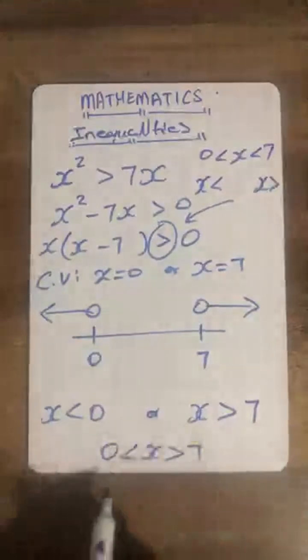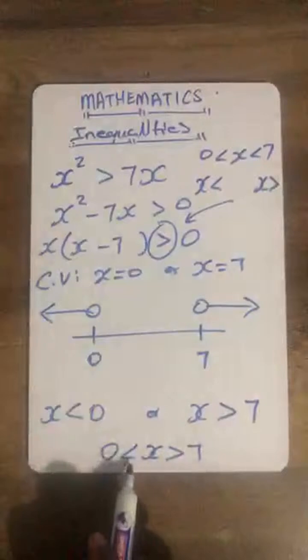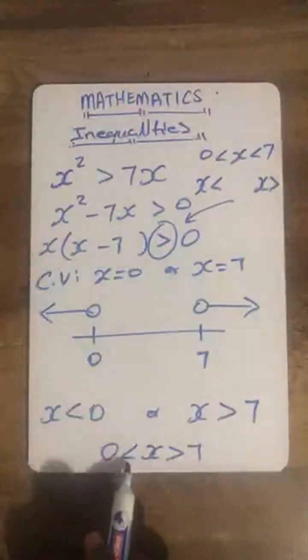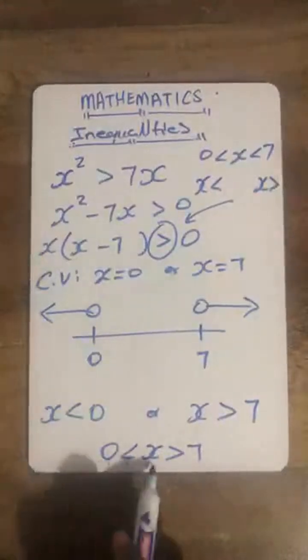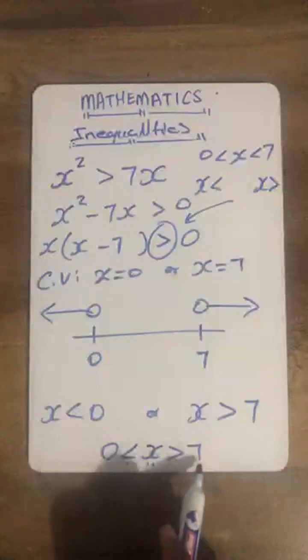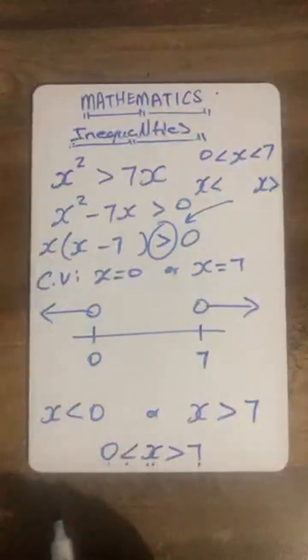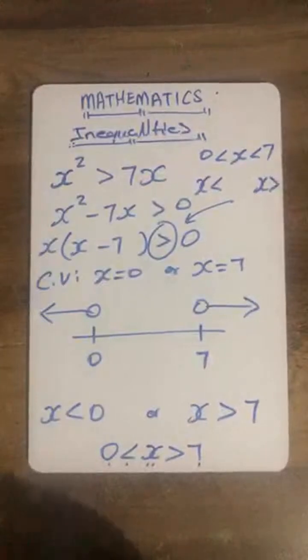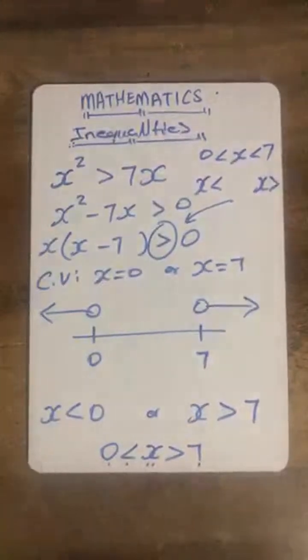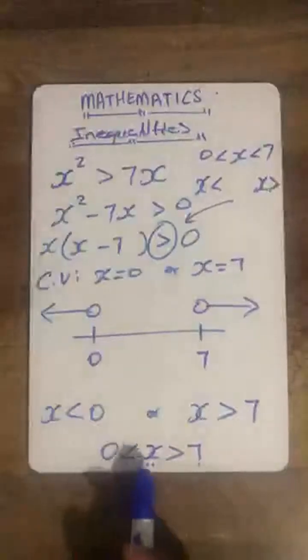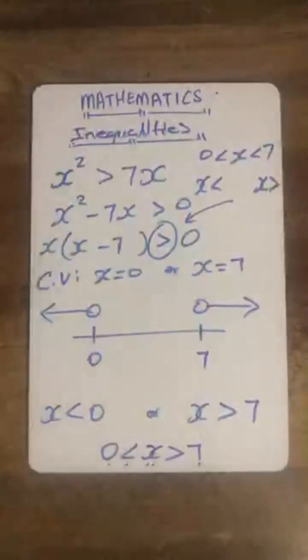Maybe you're correct, because you're saying 0 is less than x, and you're saying x is greater than 7. Maybe you guys are correct. I'll just investigate that. But with that, when we interpret that, it does make sense.